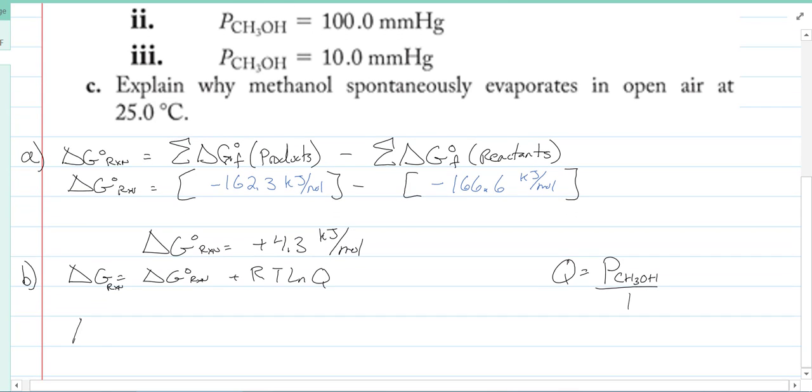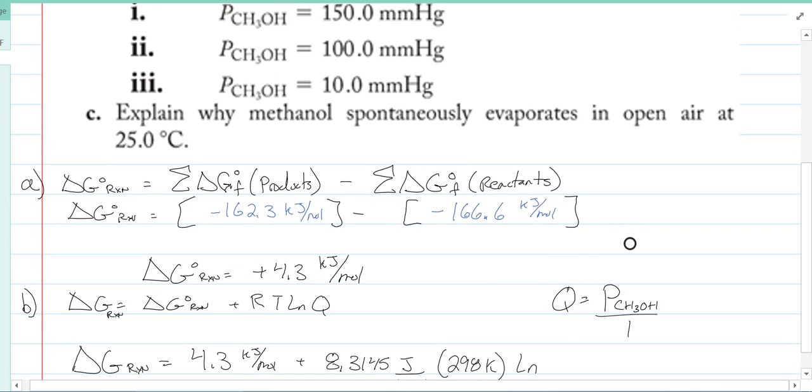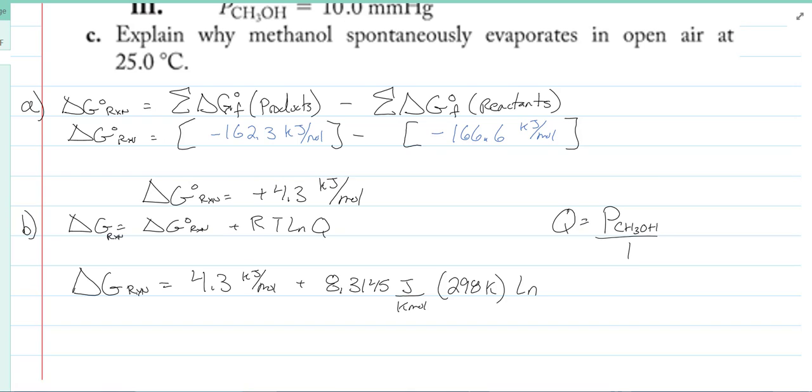So delta G equals 4.3 kilojoules per mole plus 8.3145 joules per K mole times 298 Kelvin times the natural log for I here, for I is 150 millimeters of mercury.